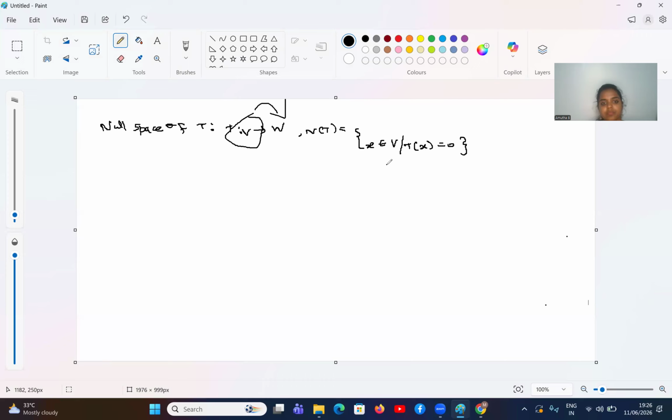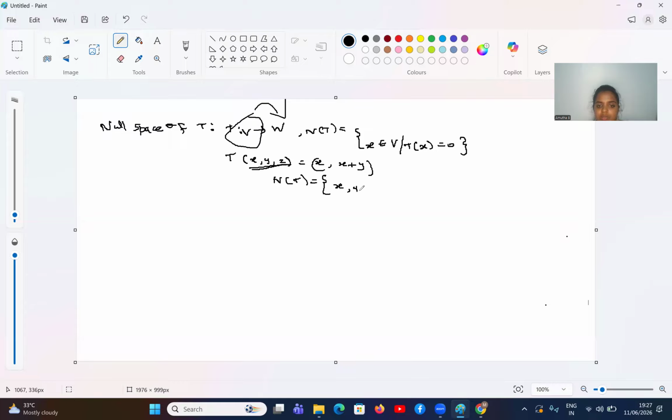For example, I am writing a map. That map is T of (x, y, z) equal to (x, x plus y). This is the map. So, by the definition of N of T, we write x belongs to V. V is here R3 because these elements are 3-tuples.